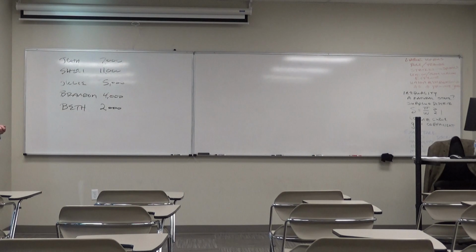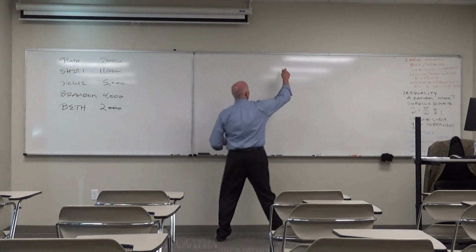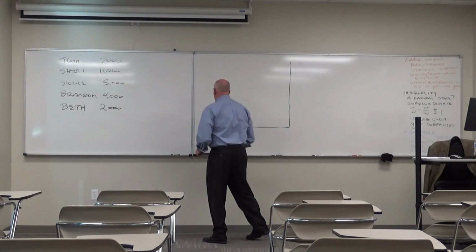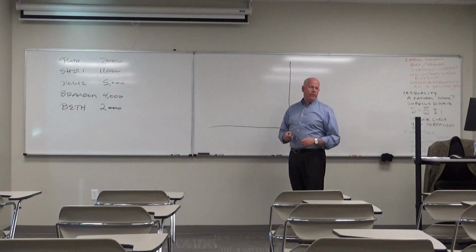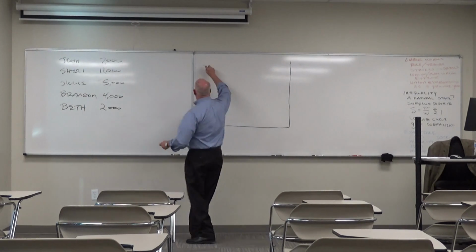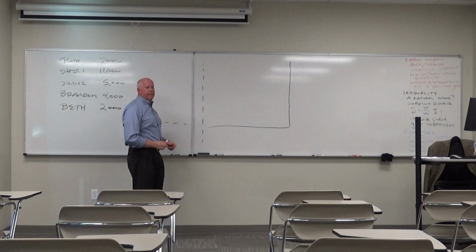I want to think about the level of inequality in this society. And I want to think about it graphically. So I'm going to think in terms of an XY Cartesian coordinate, but it's actually not flipped. I actually have my y-axis here, and I've got my x-axis going into negative space.